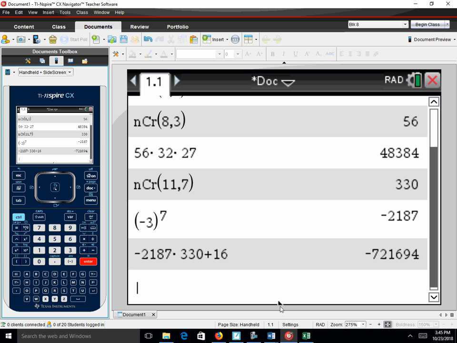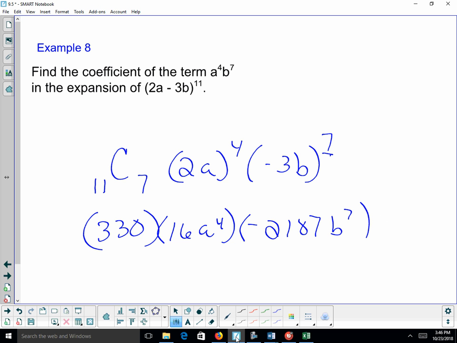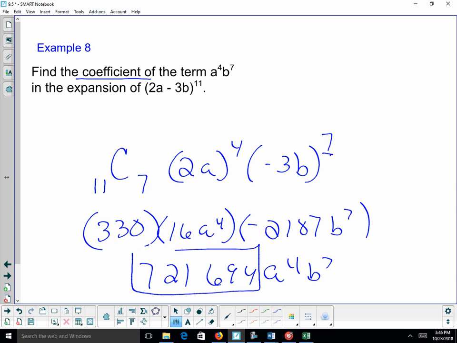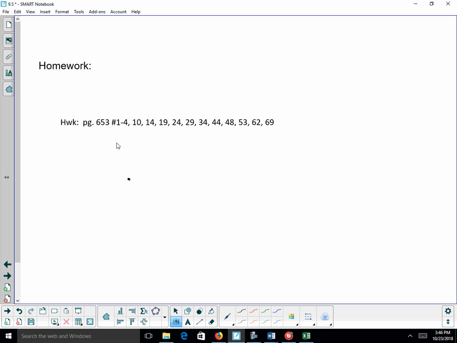And when I do that, I get negative 721,694, and then that would be a to the 4th, b to the 7th. The question is just asking for the coefficient, so this would be my answer, 721,694. And that is the last problem.